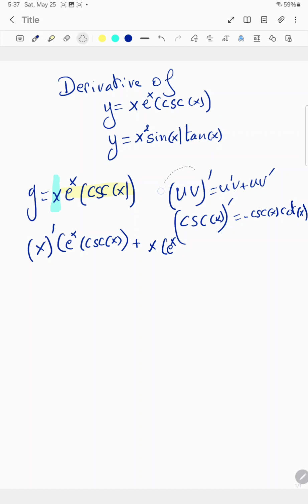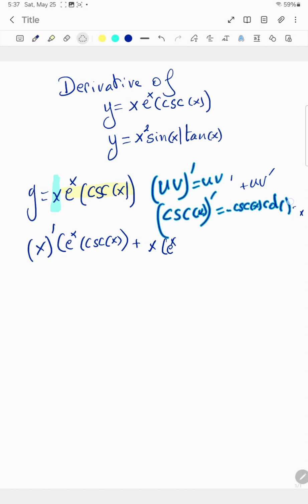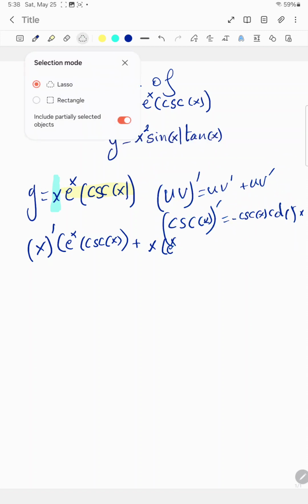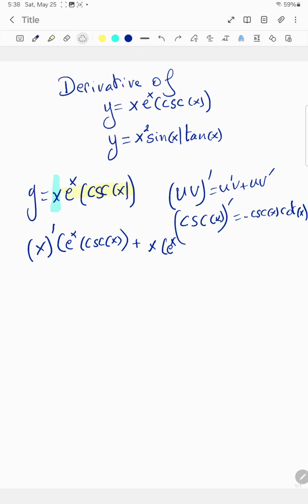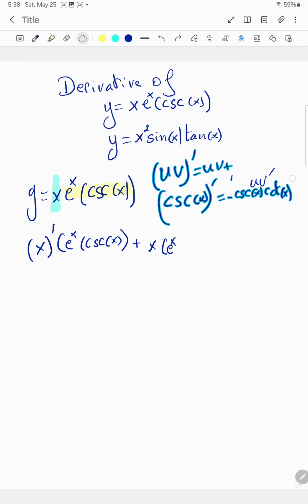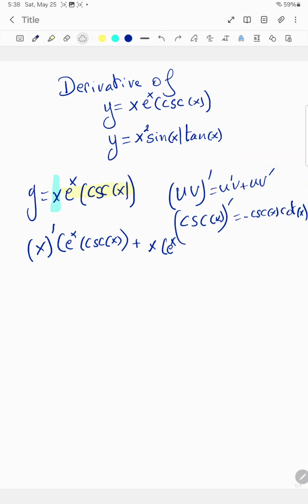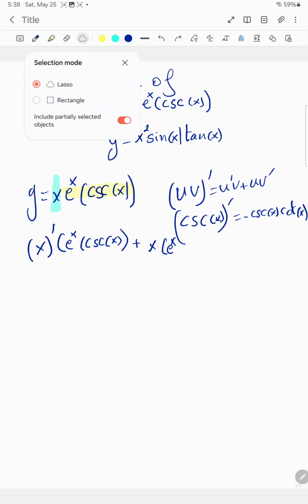Let's put this a bit higher. Anyway, let's bring this lower.